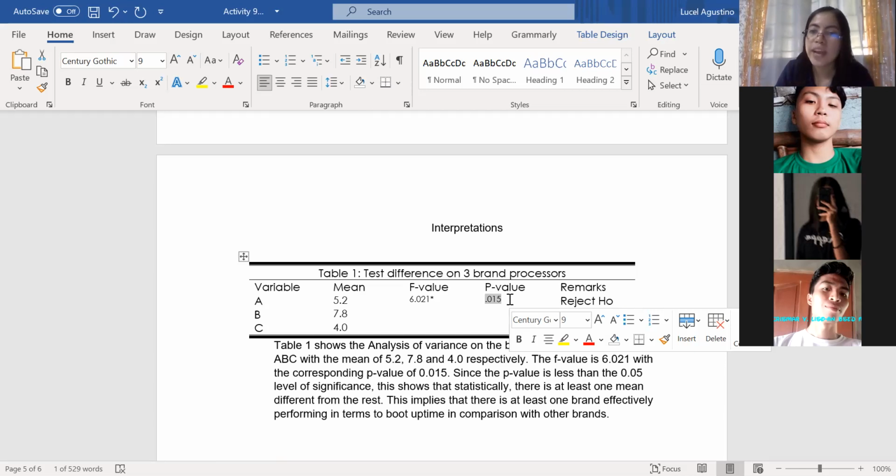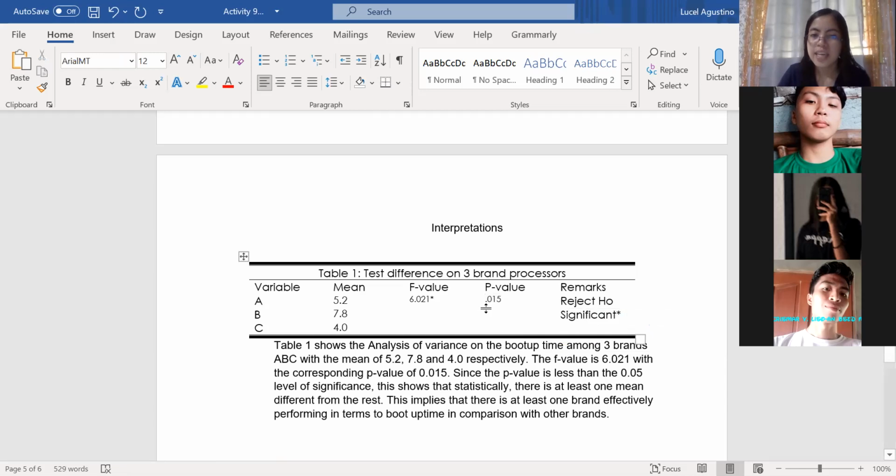If you are using F computed and F tabular, F computed should be higher for you to reject H0. If you are using the p-value and level of significance, the p-value should be less than your level of significance for you to conclude reject H0. Is that clear again?